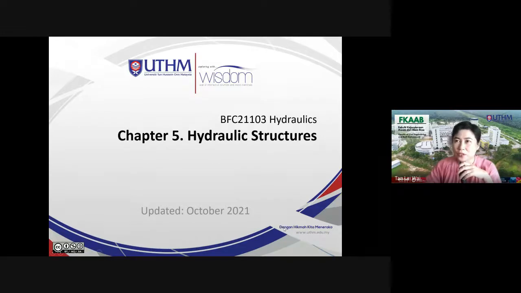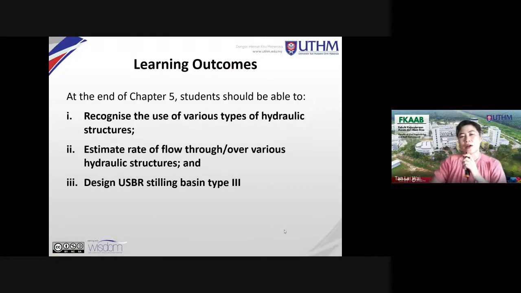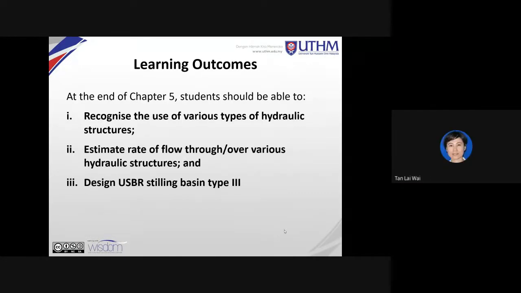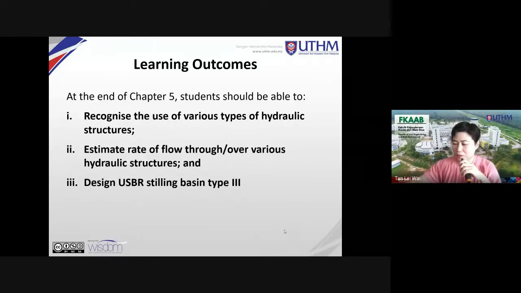We are not going to learn all hydraulic structures, only the common ones. At the end of this chapter, you are going to learn a couple of hydraulic structures, and you also will be able to estimate discharge through all these structures.